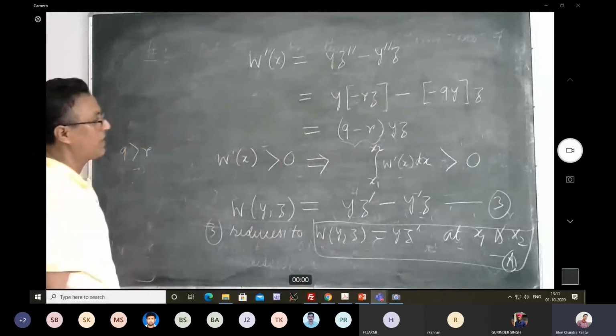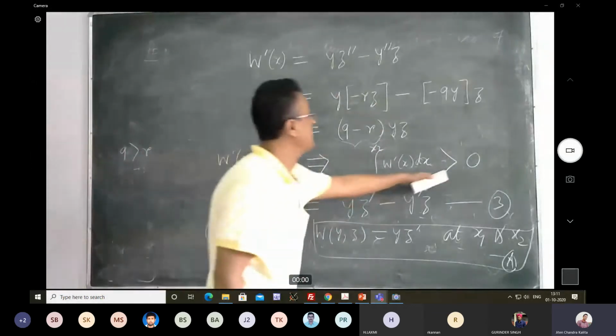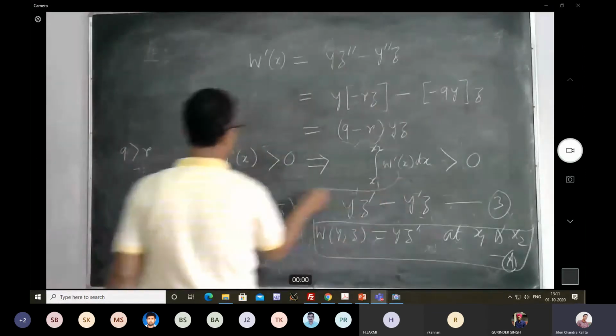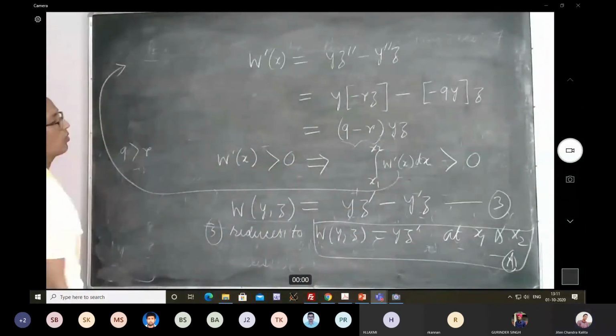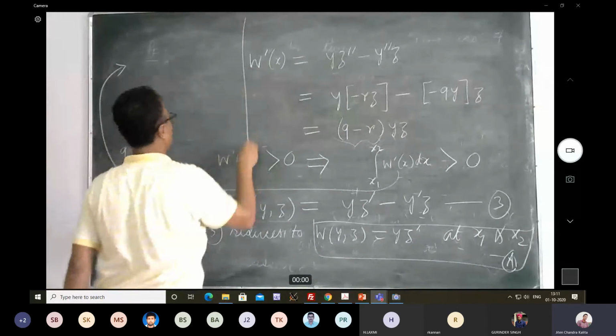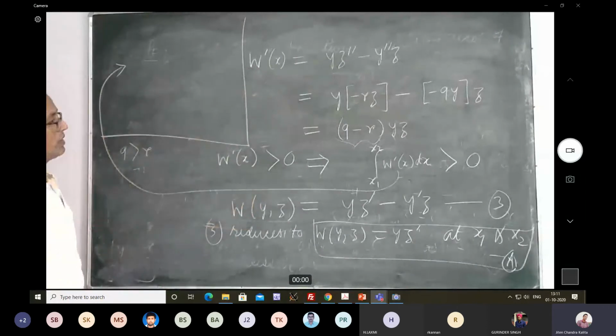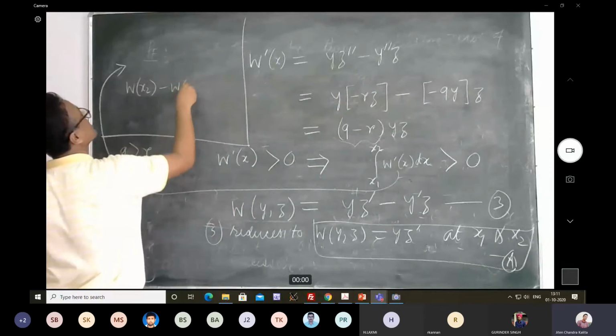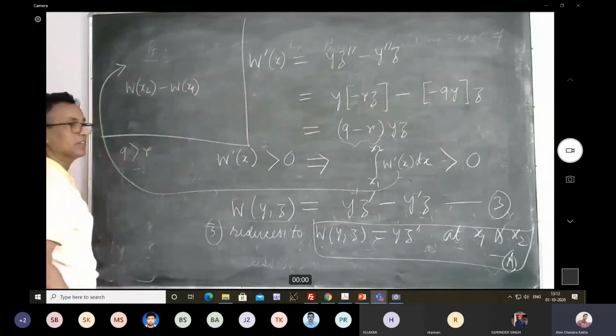And if you integrate this, you are going to get W(x2) minus W(x1).